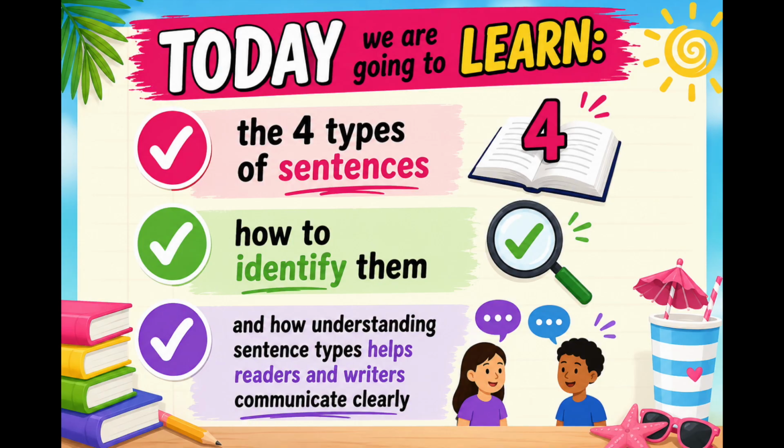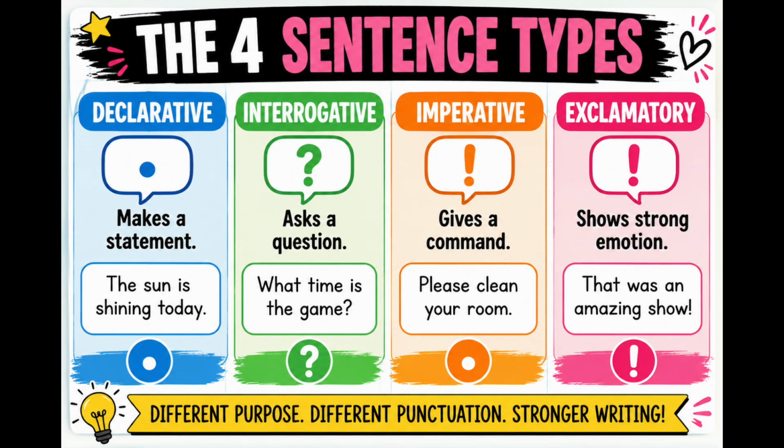So let's get started. Now, in this mini lesson, we'll talk about the 4 different sentence types, how to identify them, and how understanding sentence types helps readers and writers communicate clearly. There are 4 different sentence types in writing. Each sentence type has a different purpose.